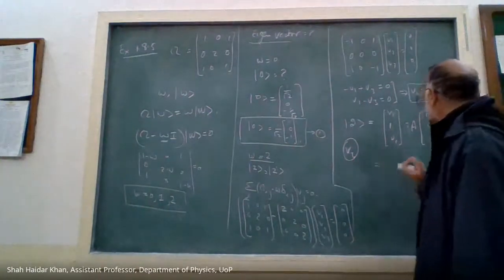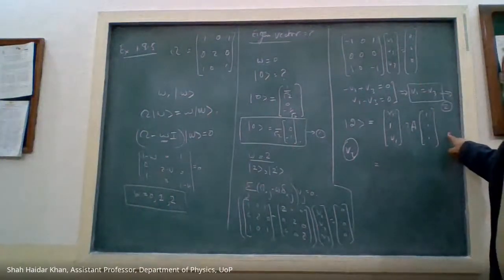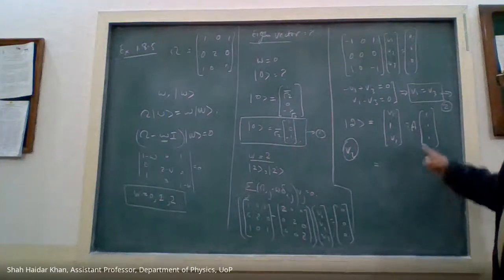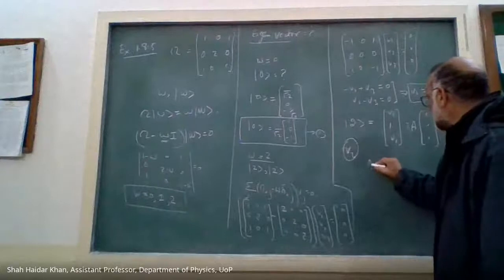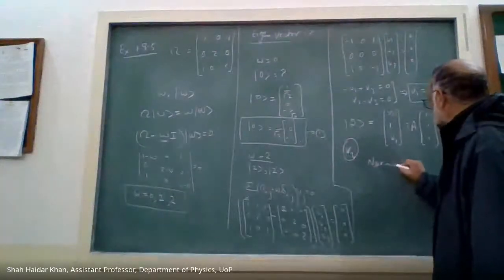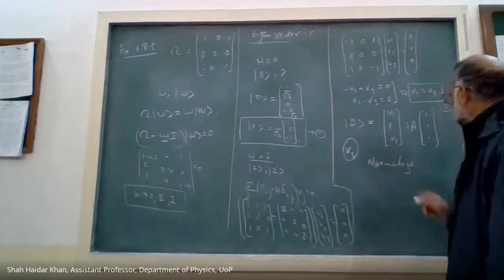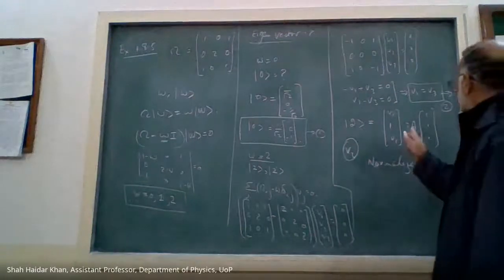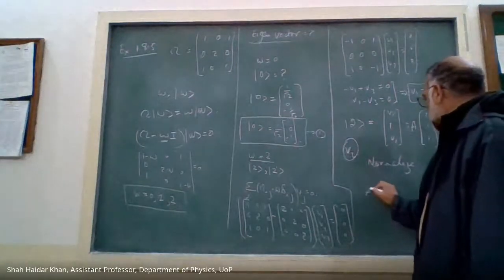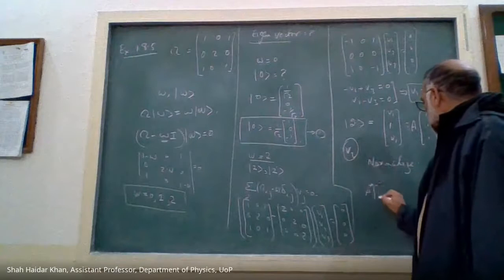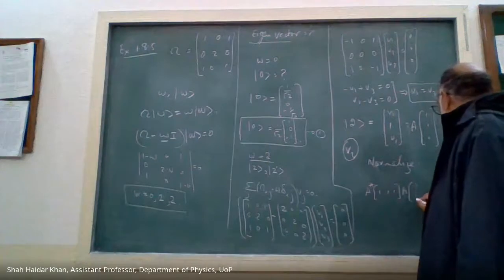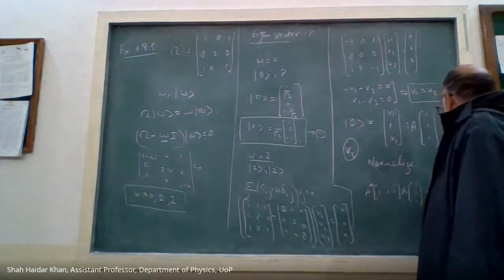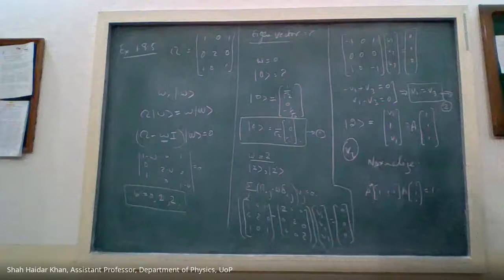Now, if we want to normalize this, we can find the value of A. When you normalize it, it will be A star into (1, 1, 1) and then A and (1, 1, 1), and that will be equal to 1.